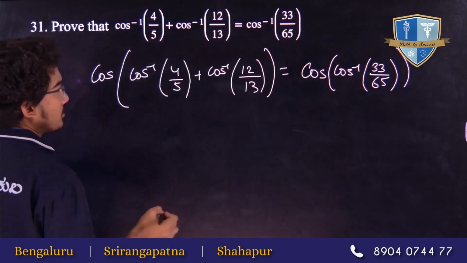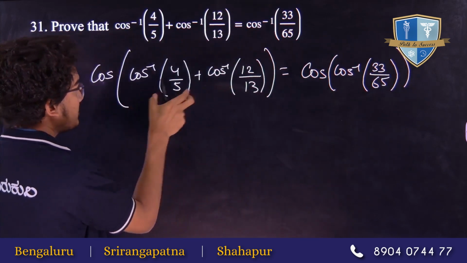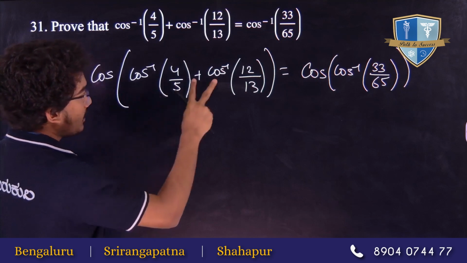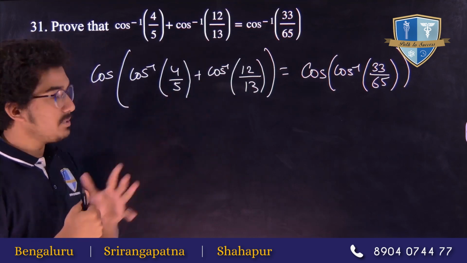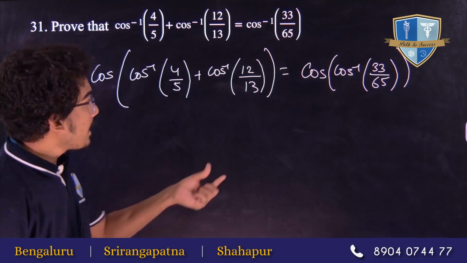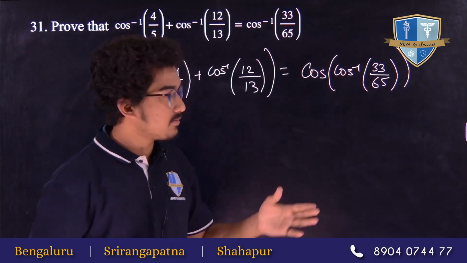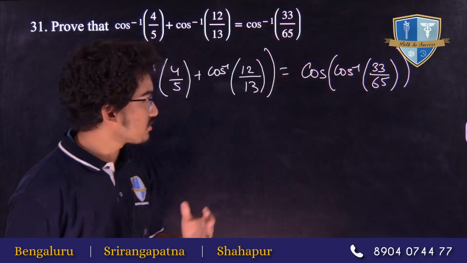Correct? So this is cos of A plus B, these are angles, right? The formula we remember for cos of A plus B is cos A cos B minus sin A sin B. And cos of cos inverse something, the cos and inverse cos will cancel out.